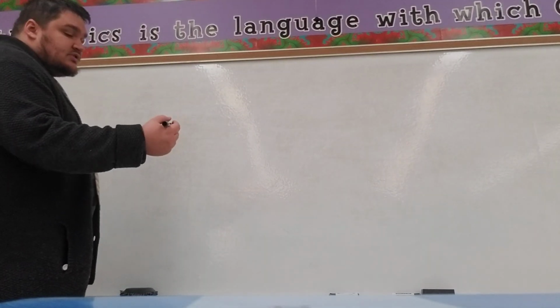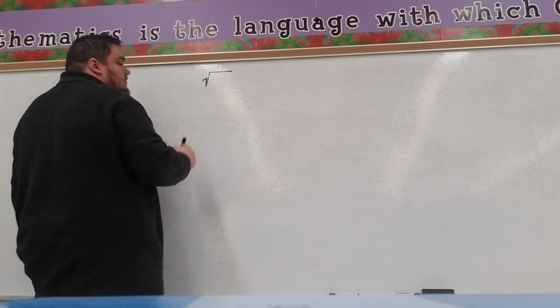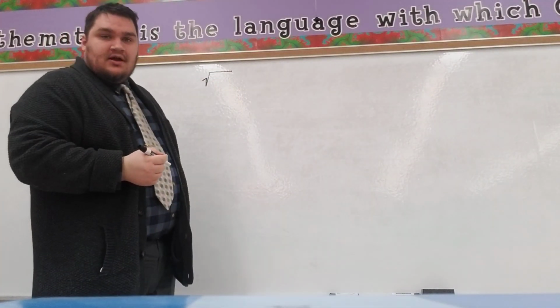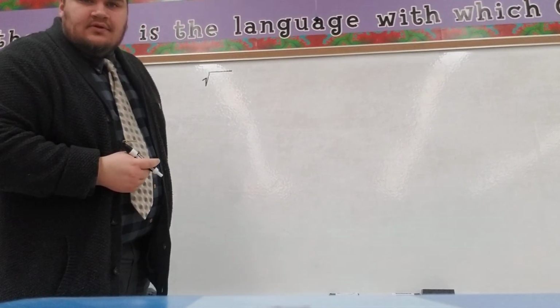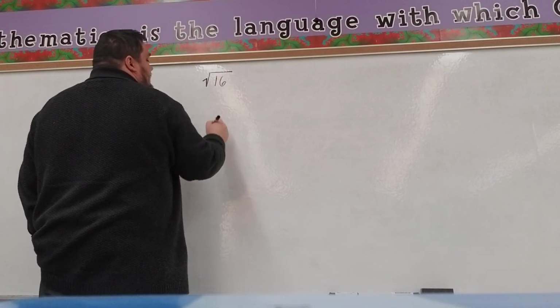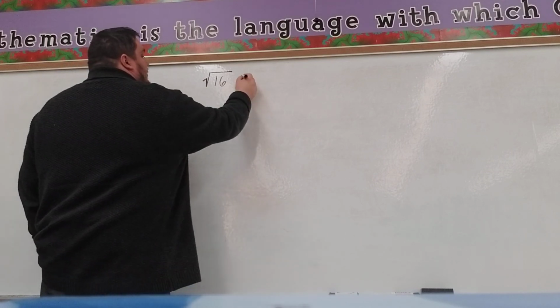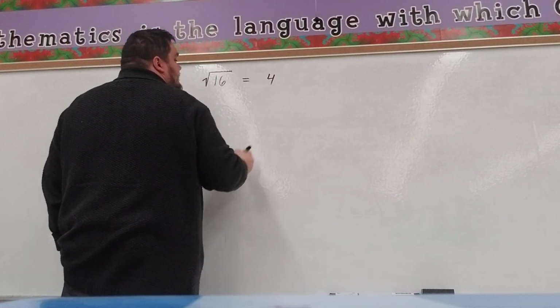So it starts off with just this symbol, which is a square root symbol, obviously. Hopefully you can see that. And it just means, if I have a 16 in here, what number times itself is equal to 16? And that would obviously be 4.